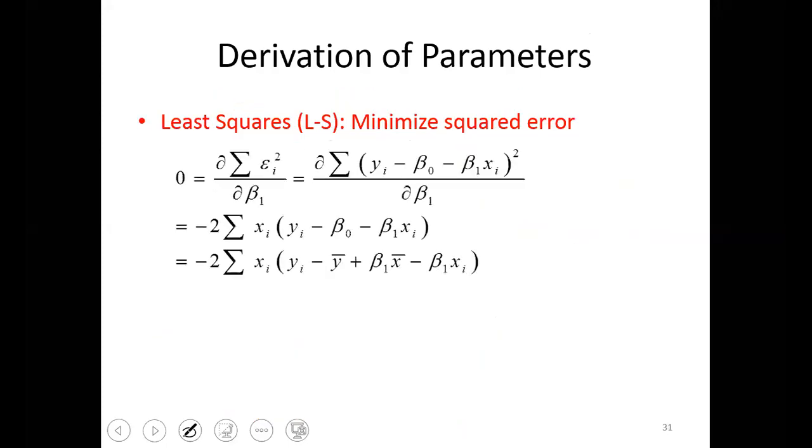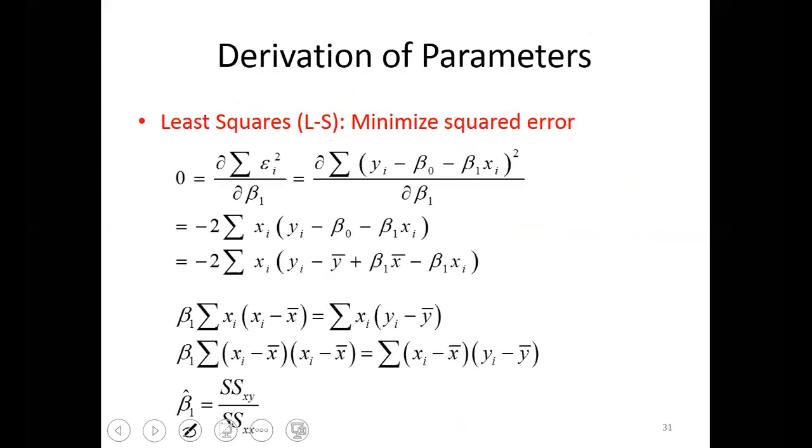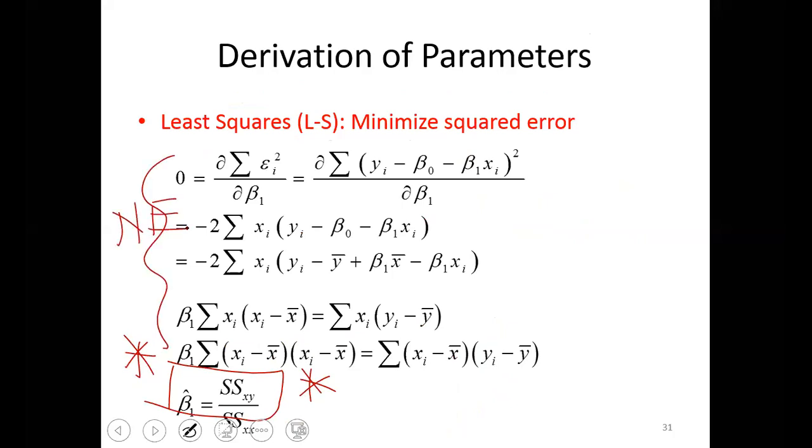Similarly, we can find beta 1. So this is beta 1. This is another equation that you should remember. You don't need to remember the normal equation. This is how the partial differentiation takes place. Don't worry about this.